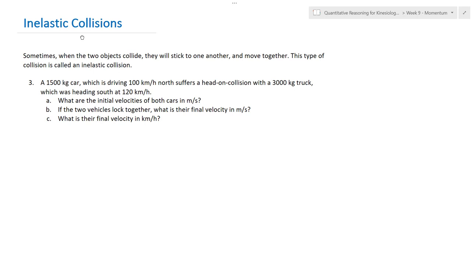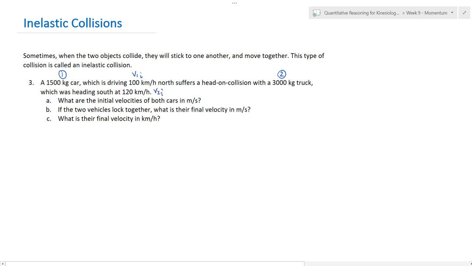So initially, what are their two velocities? Let's say the 1,500 kilogram car here is object 1, and the 3,000 kilogram truck is object 2. Then we would call the 100 kilometers an hour V1 initial, and the 120 kilometers an hour is the V2 initial.